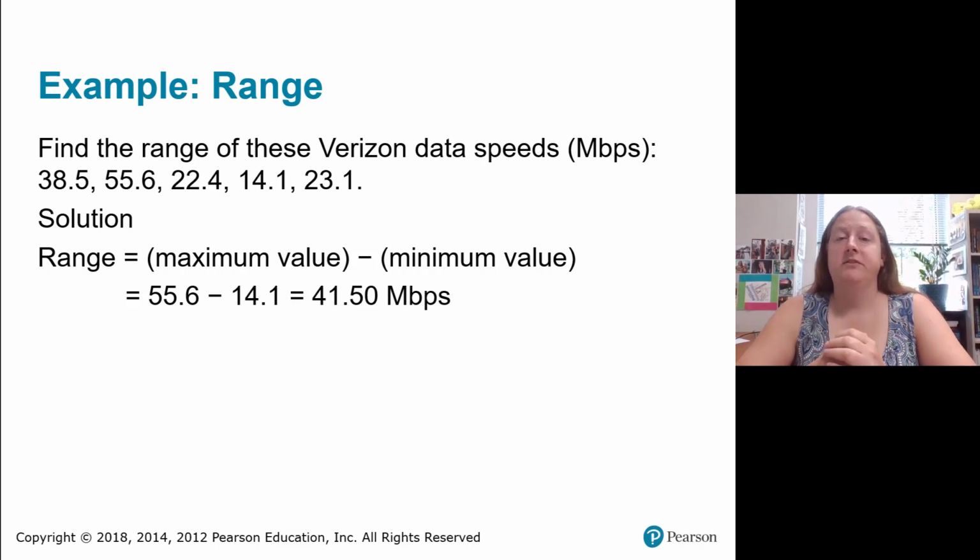The maximum value is 55.6, the minimum value is 14.1, and we subtract maximum minus minimum, and we find a range of 41.50 megabytes per second. Notice that there are two decimal places, even though the second one is a 0, because we have one decimal place present with our data.